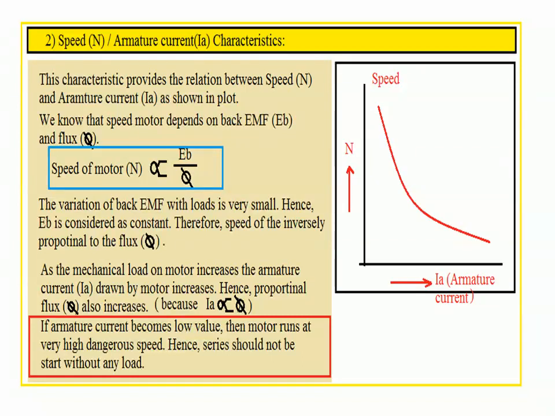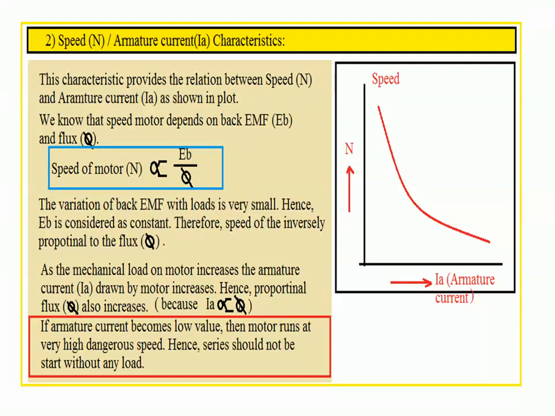Number two, speed versus armature current characteristics. In general, the speed of the motor is directly proportional to back EMF and inversely proportional to flux. In ideal condition, the variation of back EMF is negligible. Hence, in ideal condition, the speed of the motor is inversely proportional to flux.